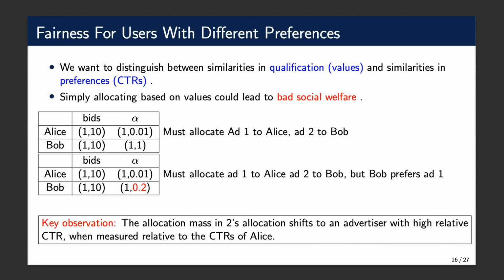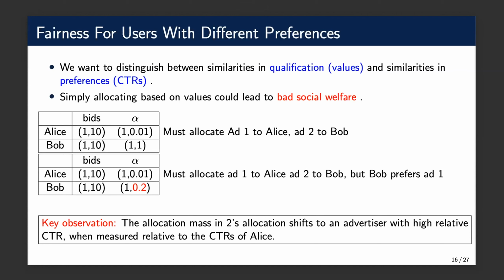However, this is not always the case. Consider the same example, except now assume that Bob also prefers to see ad 1 and clicks on ad 2 with probability only 20%. Now, we should still, for the sake of social welfare, allocate ad 1 to Alice and ad 2 to Bob, but now Bob is not getting what he wants.